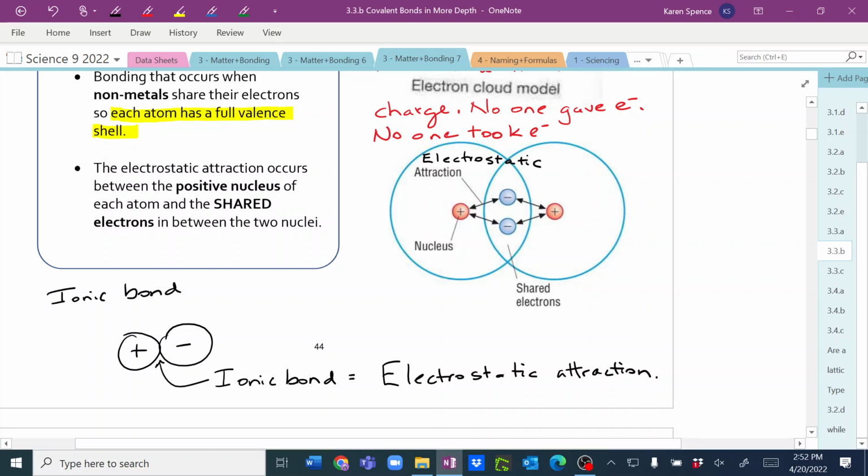So this electrostatic attraction is a covalent bond, and that electrostatic attraction is an ionic bond. It just depends who is attracting whom. In an ionic bond, it's a positive ion attracts a negative ion. In a covalent bond, it's the positive nuclei attract the shared electrons.